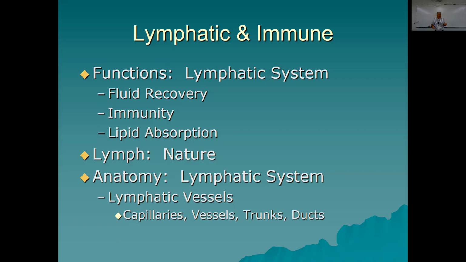Okay, and a third is lipid absorption. When you eat anything and you digest it, and we'll talk more about this in the digestive system, everything you eat, once it's digested, enters your blood in capillaries. The capillaries form the hepatic portal vein and go straight to your liver, and your liver decides what to do with those things. Everything you eat, except for fat.